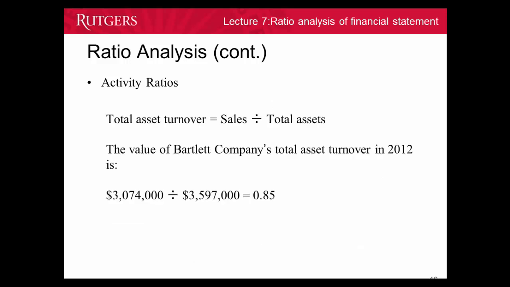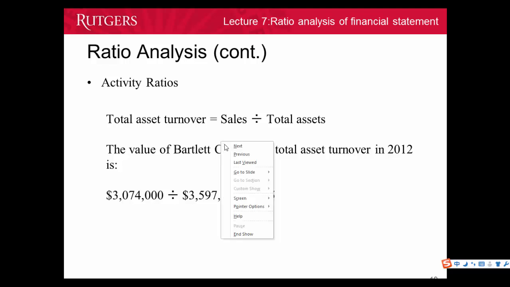Another activity ratio is the total asset turnover. It's the amount of sales or revenues generated per dollar of assets. The asset turnover ratio is an indicator of the efficiency with which a company is deploying its assets. So the calculation is very easy.